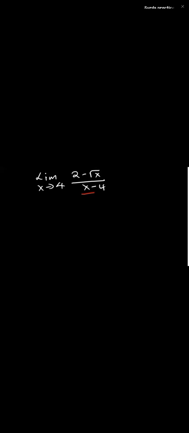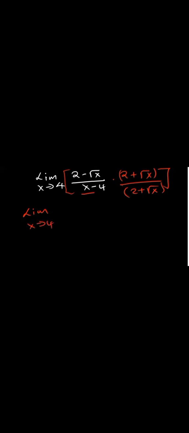Okay, so you have 2 plus root of x. This should also be multiplied by the denominator. So we're just dealing with the numerator first of all. We are trying to determine the limit as x approaches 4. What do you have now?